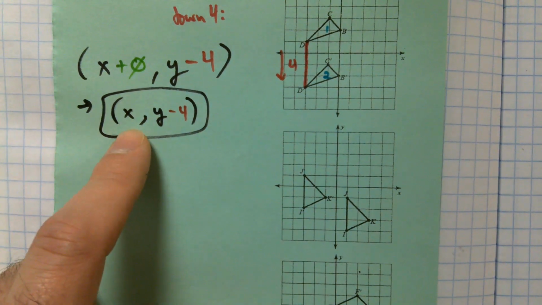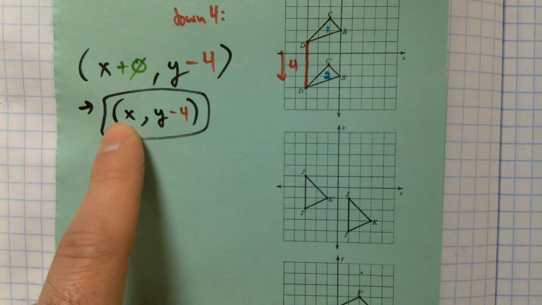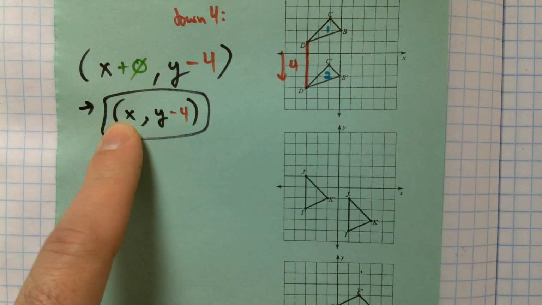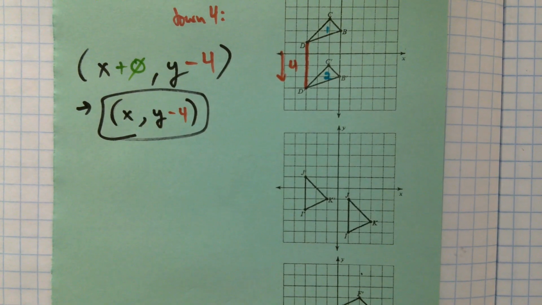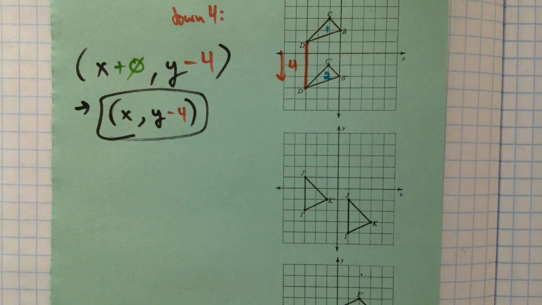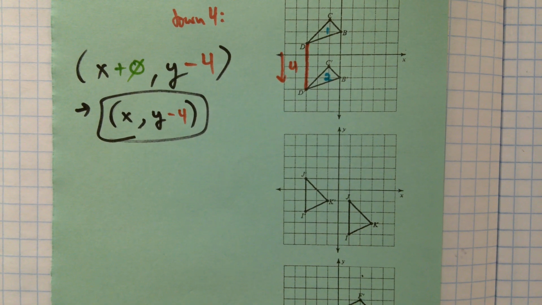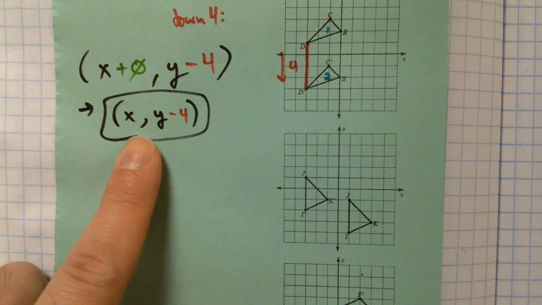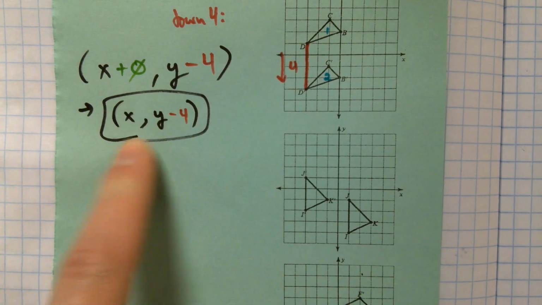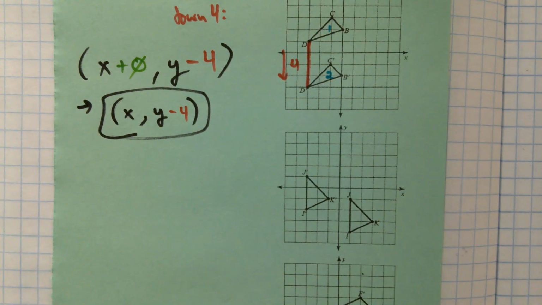So what this rule tells me is that this translation is not changing my X coordinates at all, but it is decreasing my Y coordinates each by 4 from pre-image to image. Does that make sense? You're going to see that a couple times on the worksheet, so just keep that in mind.